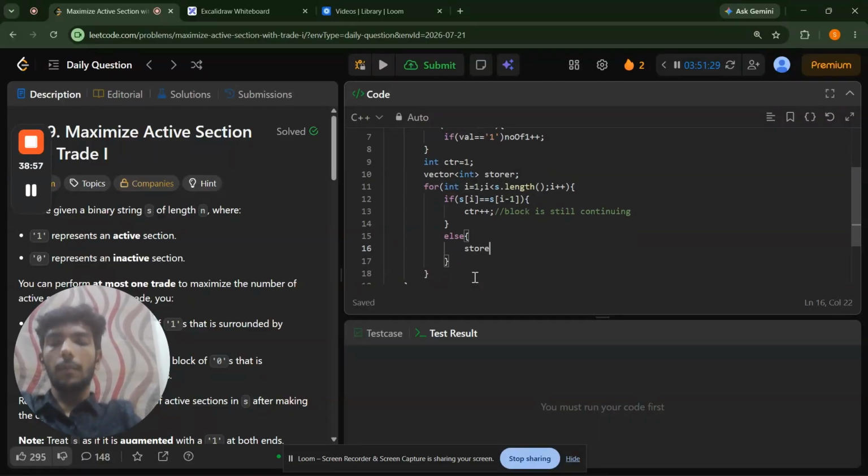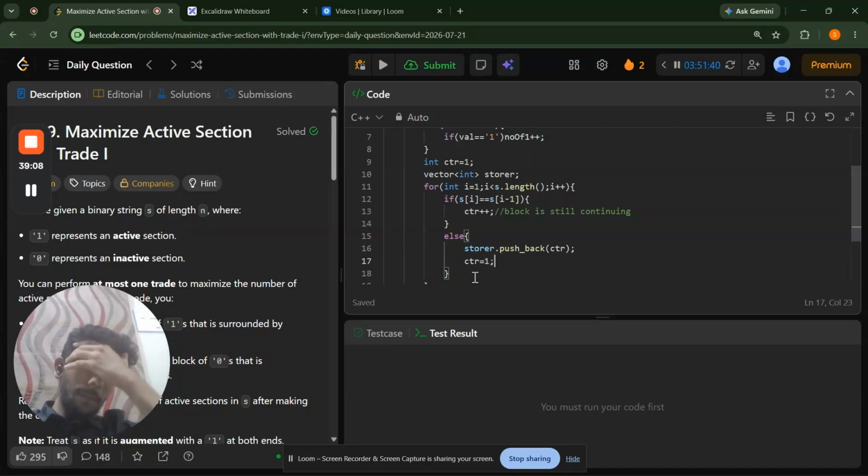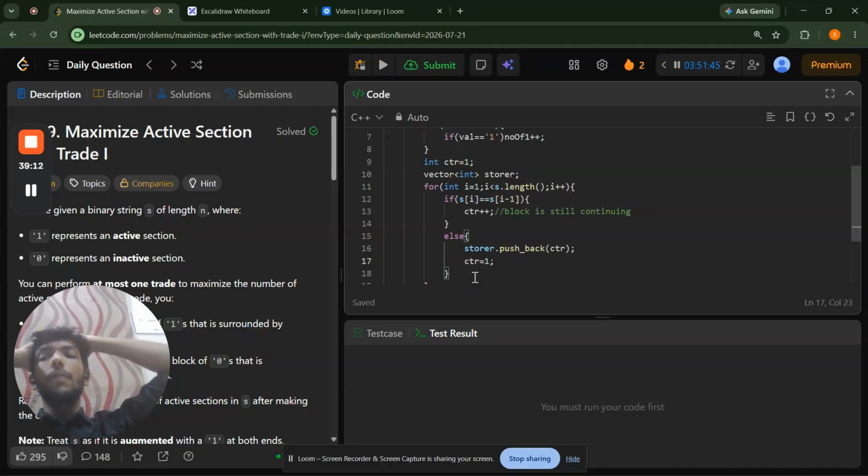We push that block and the counter will become 1 because currently the element at that index has one frequency.